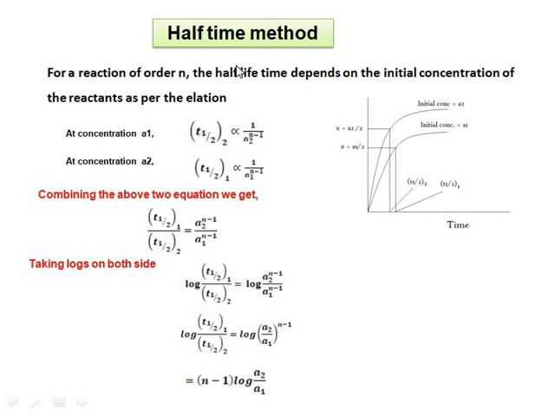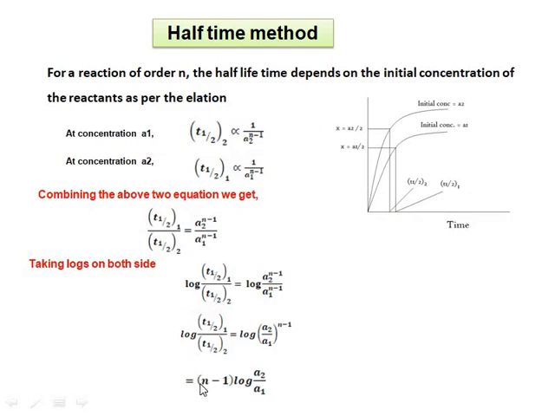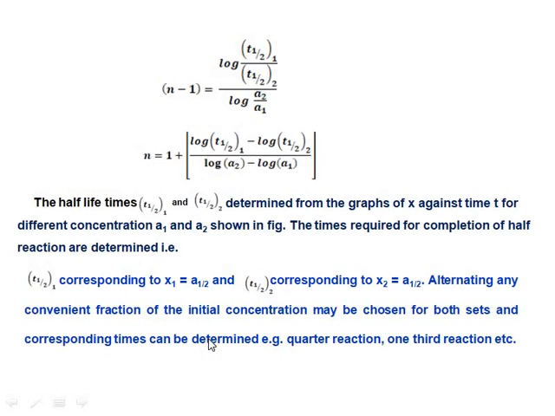For those equations, log of T half 1 upon T half 2 is equal to n minus 1 into log to the base 10 A2 upon A1, and therefore n minus 1 is equal to log to the base 10 T half 1 upon T half 2 upon the log to the base 10 A2 upon A1.